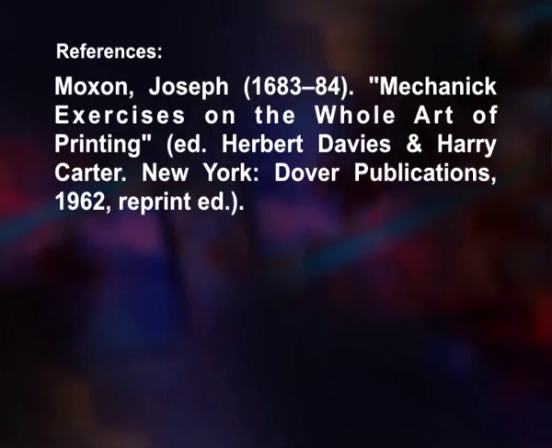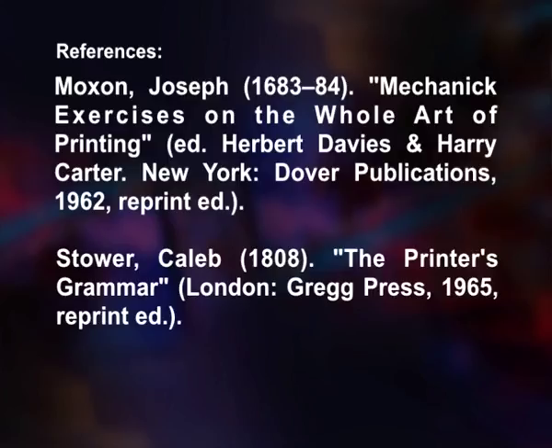This book was reprinted in 1962 by Dover Publications, New York. A somewhat later one showing 18th century development is a book titled The Printer's Grammar. It was published in 1808 by Caleb Stower, and the publishers are Craig Press, London. It was reprinted in 1965.